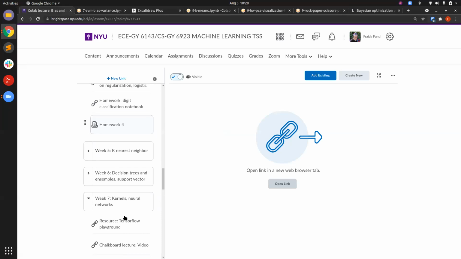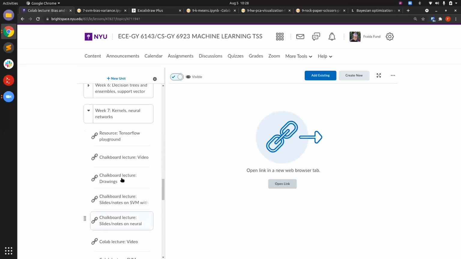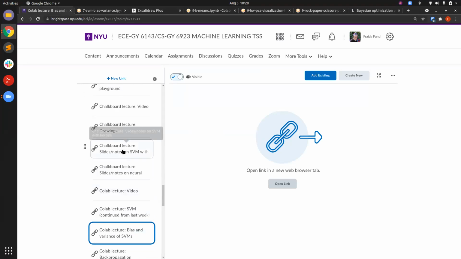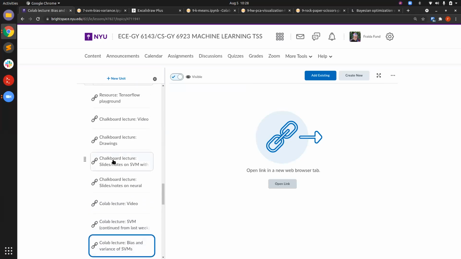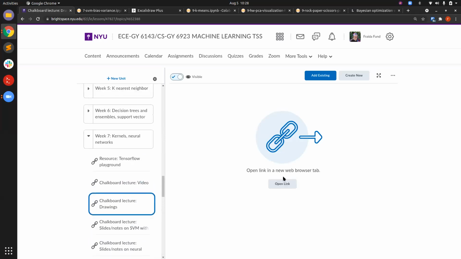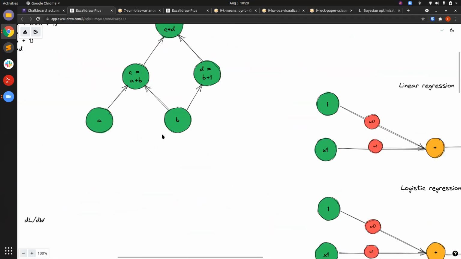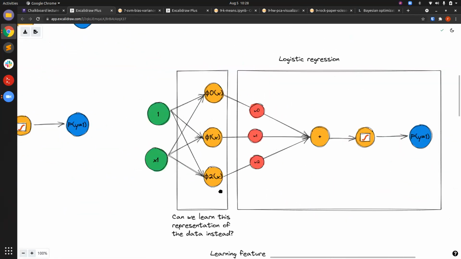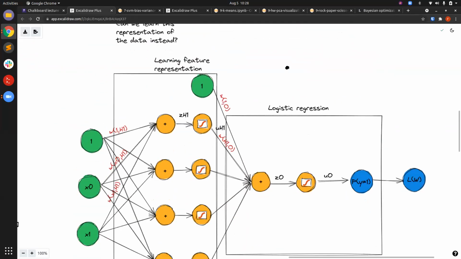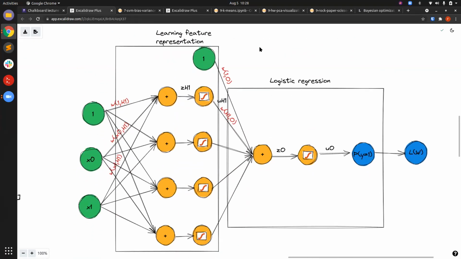So when we learned about neural networks, we said the first parts of a neural network are learning a representation of the features that's more helpful for classification than the original features.